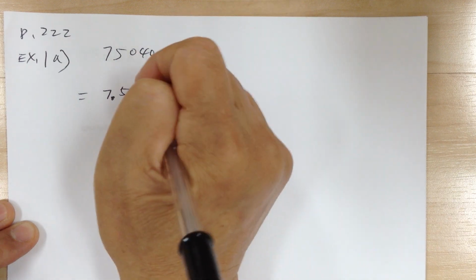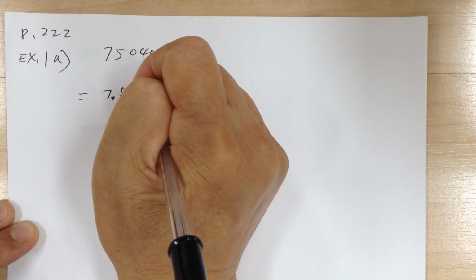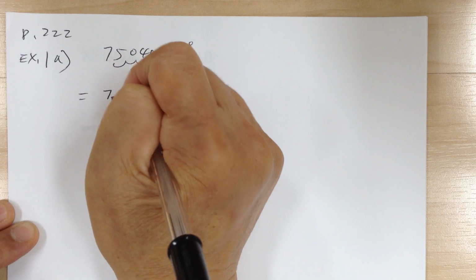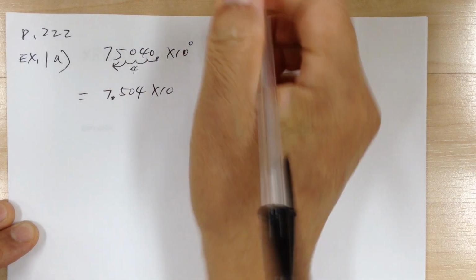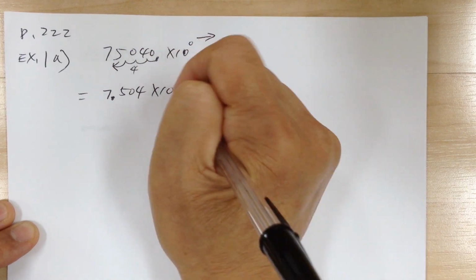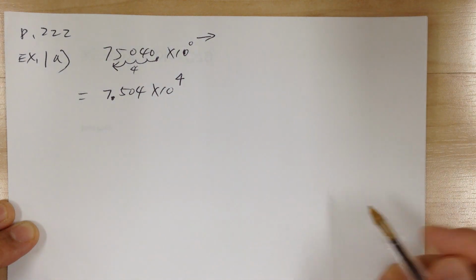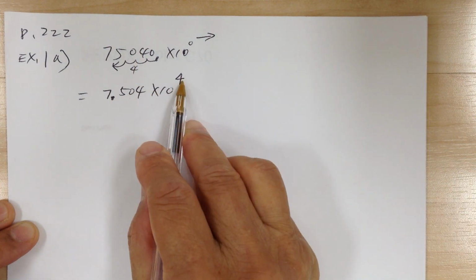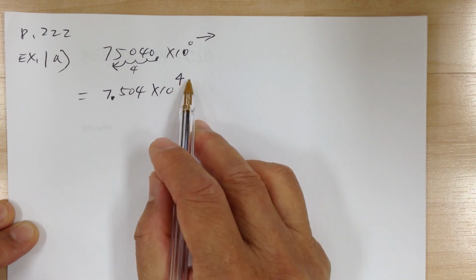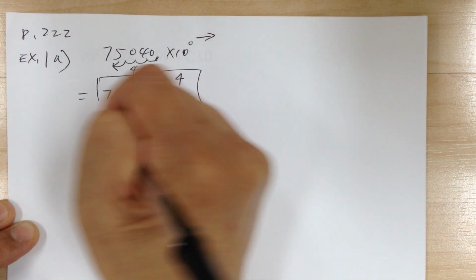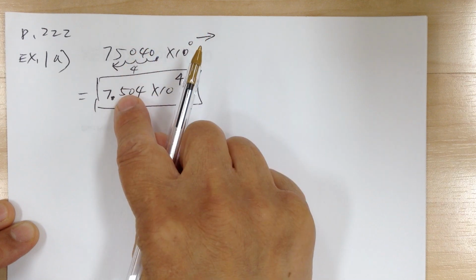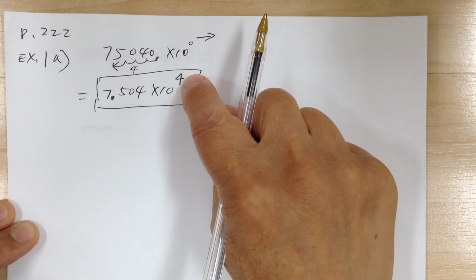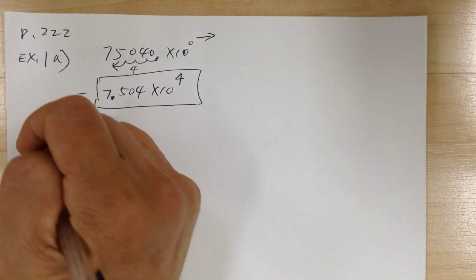When you move from here, 1, 2, 3, 4, you move 4 this way, that means you have to move 4 this way, so it becomes positive 4. Another way to remember is that if this number becomes smaller, this number will become bigger, and vice versa, by the same magnitude.